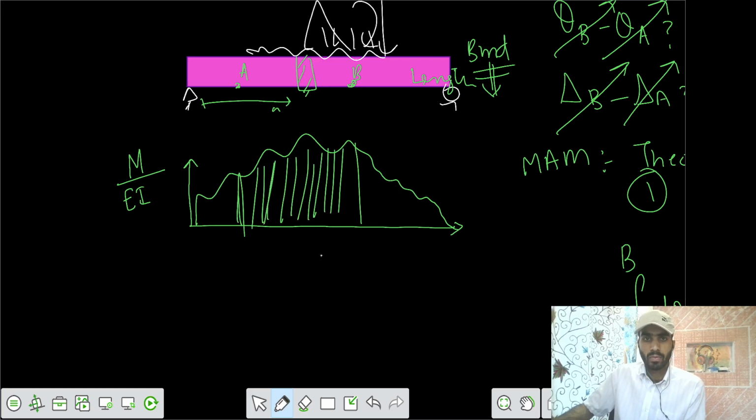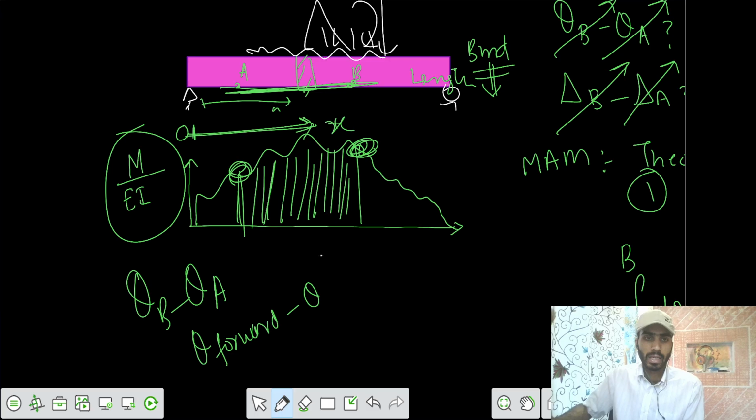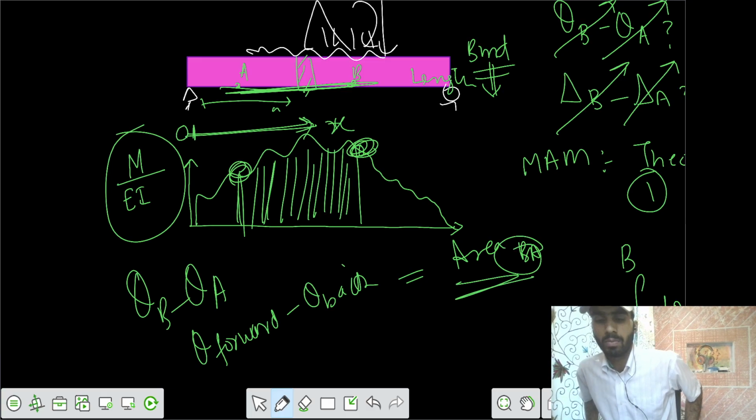That area we got in the M by EI diagram between the 2 points A and B is your theta B minus theta A. So we write it as theta forward minus theta backward. We are going from 0 to x in the positive x-axis, so this is your forward, this one is your backward. So theta forward minus theta backward equals the area between points A and B. Okay, this is your theorem number one.